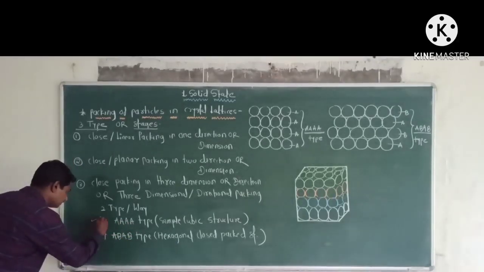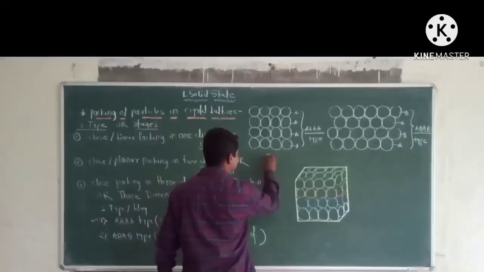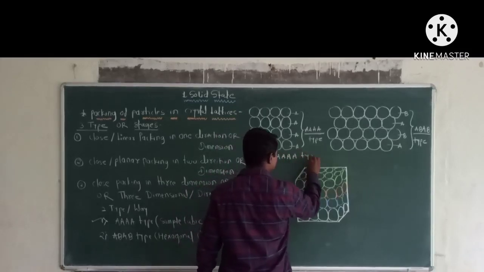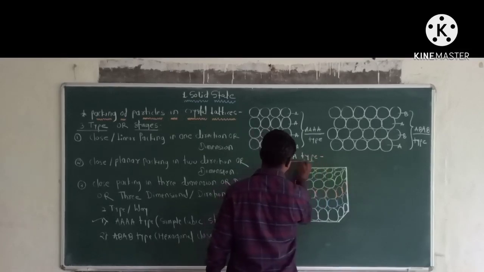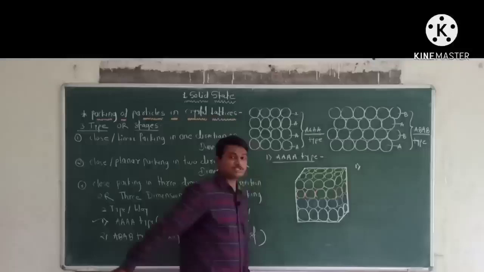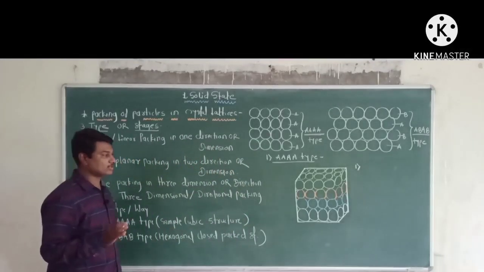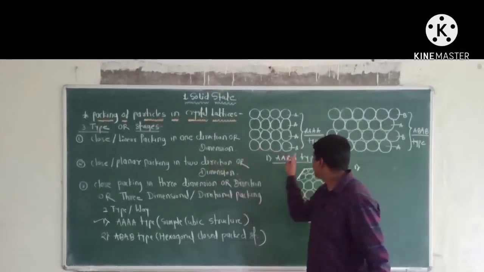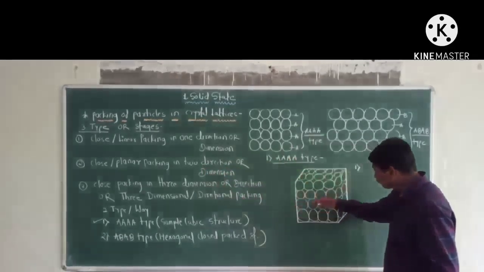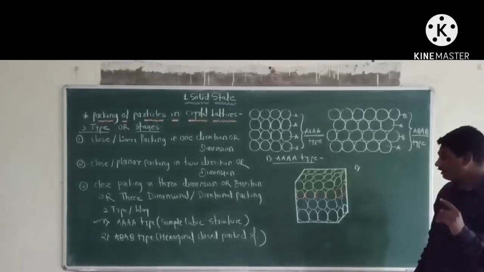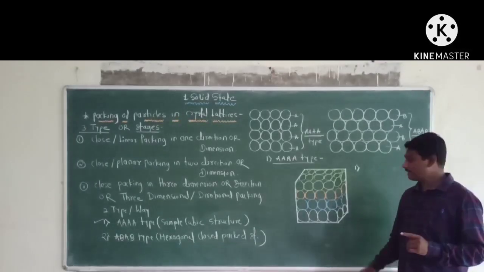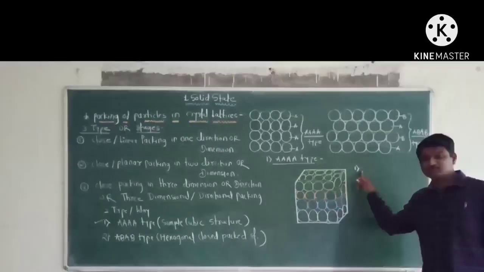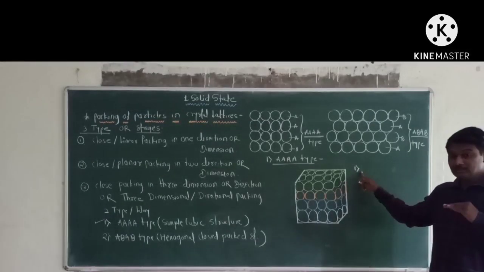So start with the first, A type. First point, this type of packing is made when the layers of constituent particles of two dimensional packing are placed over each other in such a way that all constituent particles in all layers are exactly over each other.